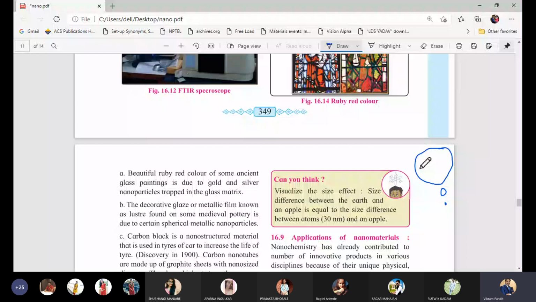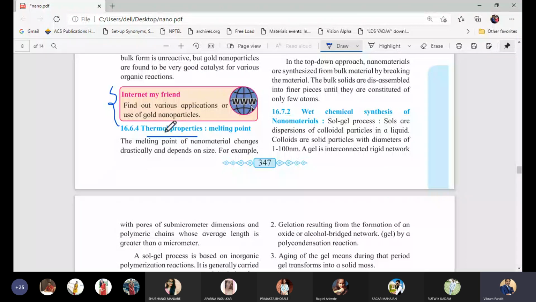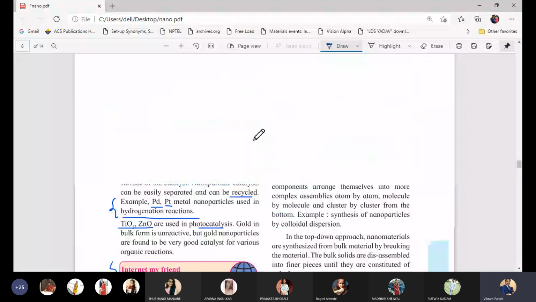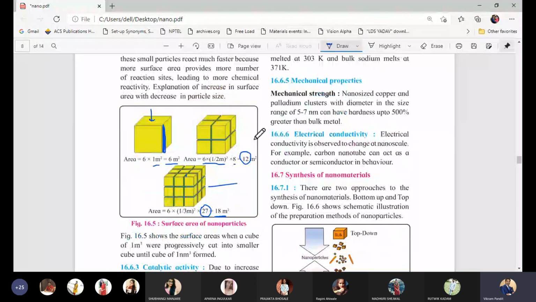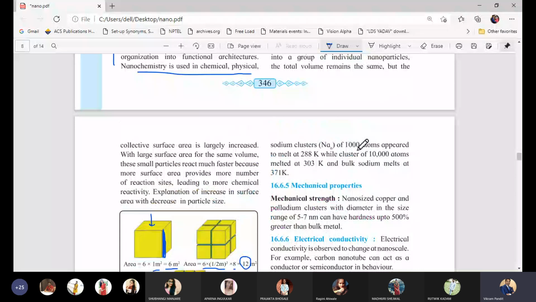Now we have thermal properties, where temperature comes into the picture. Our main aim is to calculate the melting point of this compound. There is a very straightforward explanation: if there are 1000 atoms, its temperature is like 288 Kelvin.